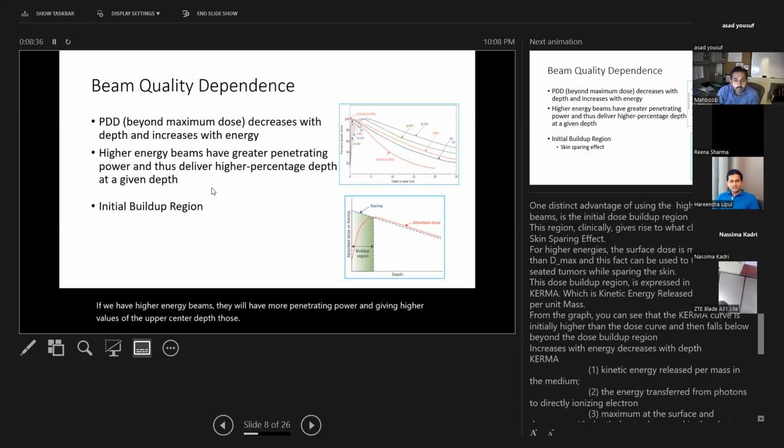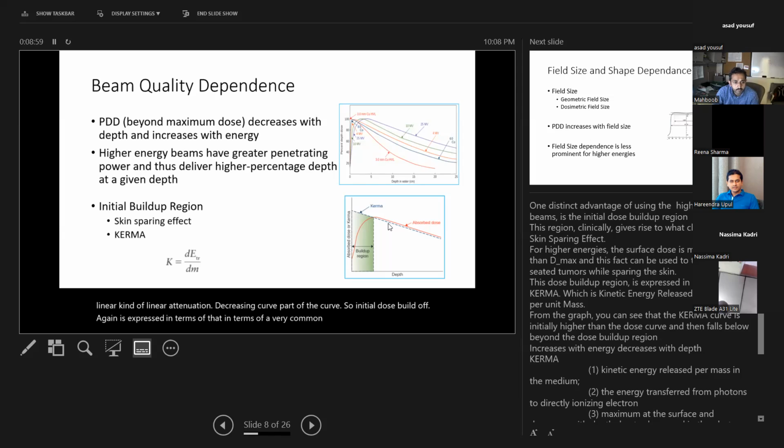A further analysis of PDD shows it has two parts. One is the initial build-up region, and then the linear attenuation, decreasing part of the curve. The initial dose build-up region is expressed in terms of a very common term known as KERMA, which is mathematically expressed as the change of energy per unit mass of the medium.